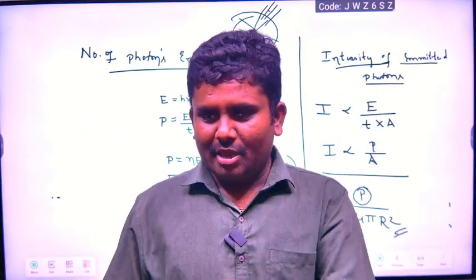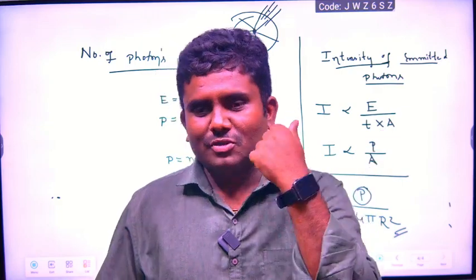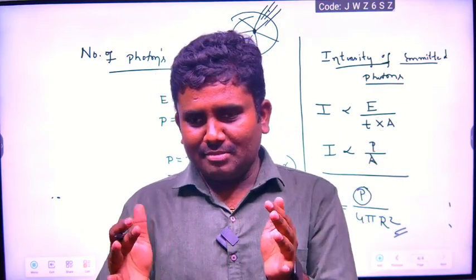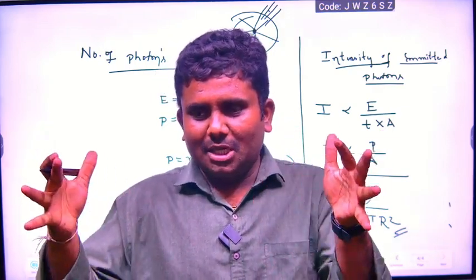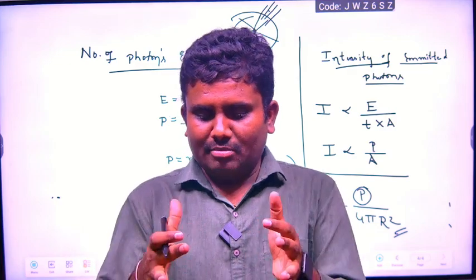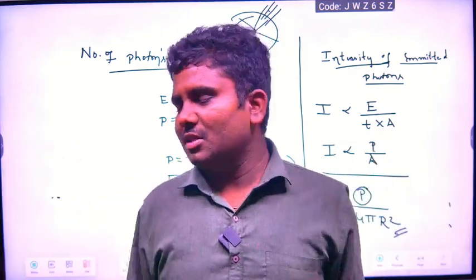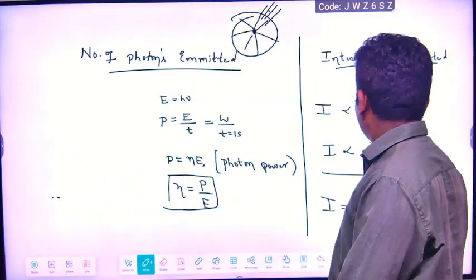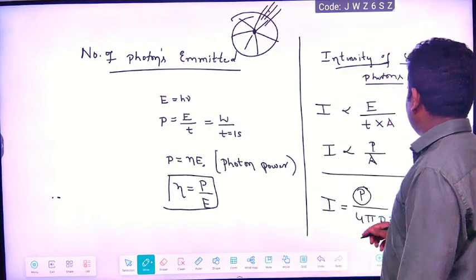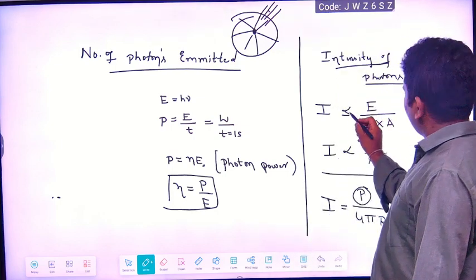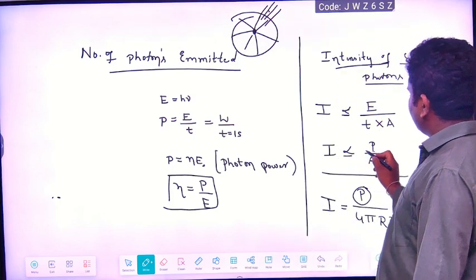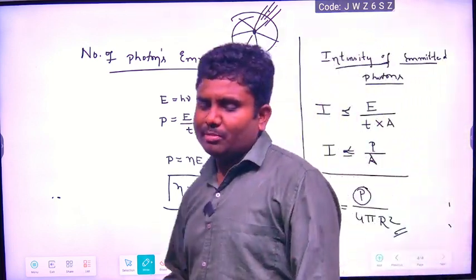Huygens says every old source will become a new source, and it will always come in the form of a sphere. So we take the surface area of the sphere, and this proportionality we will take sometimes, which is also equal. Okay, please take one problem based on this.